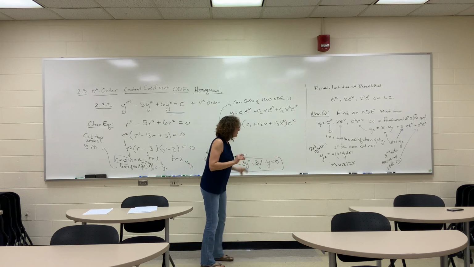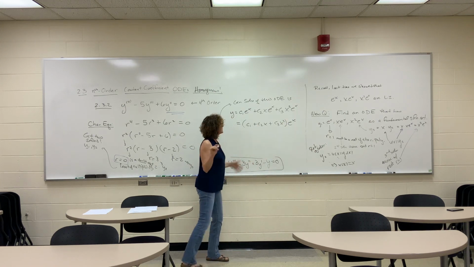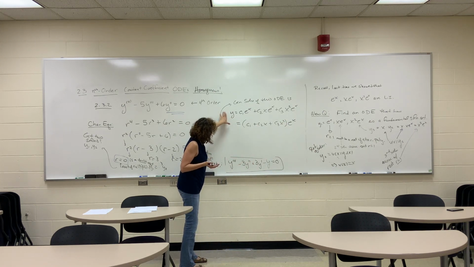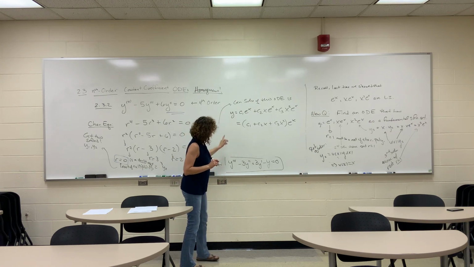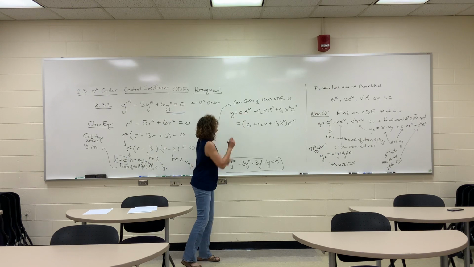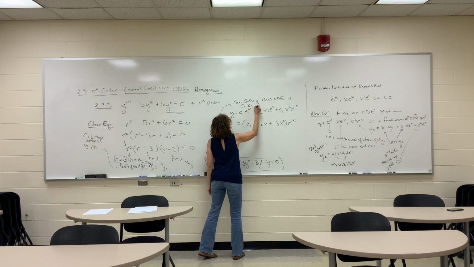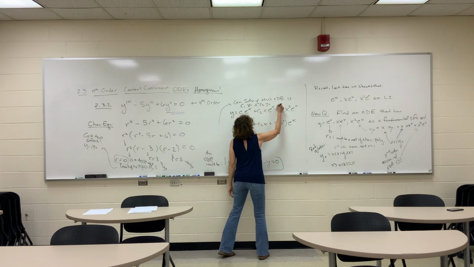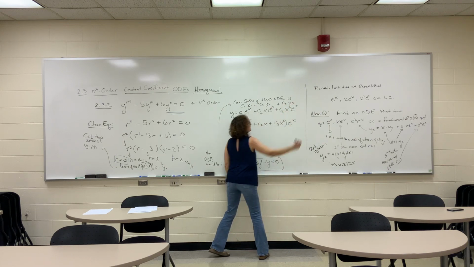And then you start getting confused later. So anyway, just something to pay attention to, okay? Both equivalent solutions, but where did this come from? It came from C1y1 plus C2y2 plus C3y3. Yep?